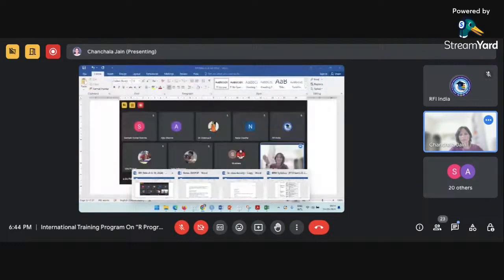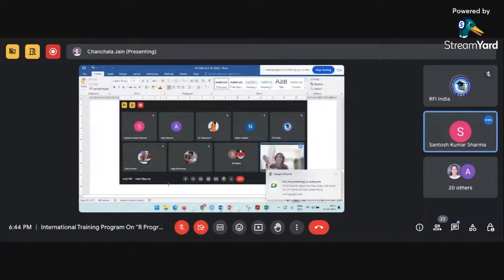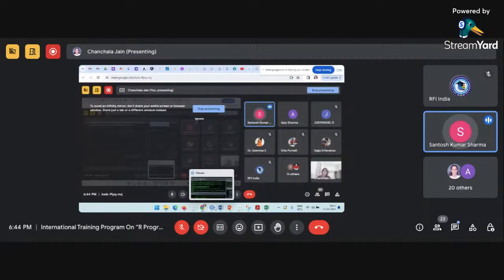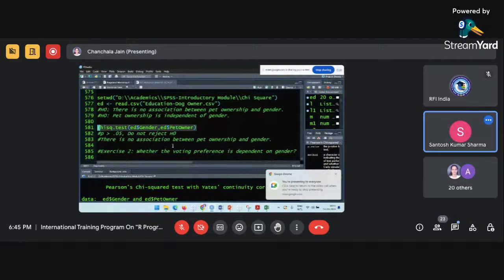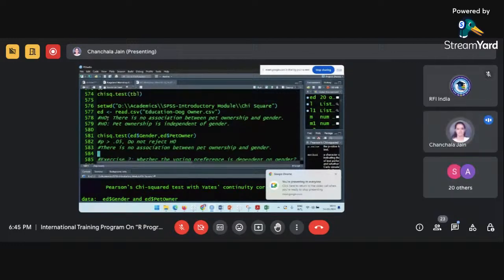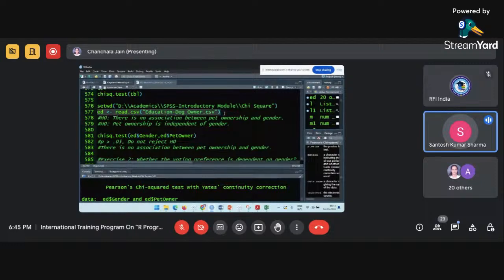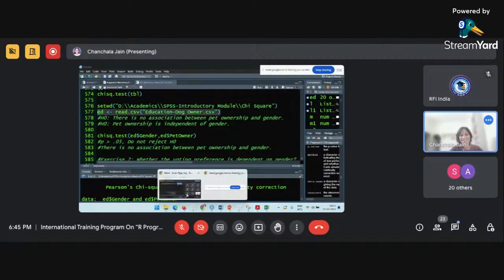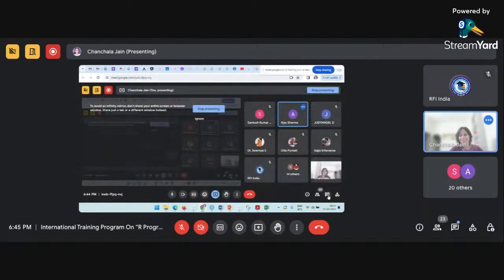Fine. This one, ma'am. The line where we have stored this value in ED. Okay, that line you want to see, 577. Yeah, ED is equal to read.csv, and in the bracket you can see. Fine, sir. Are you able to get it or do I need to copy it? Yeah, ma'am. Please copy. Okay. And paste also, right? Okay.